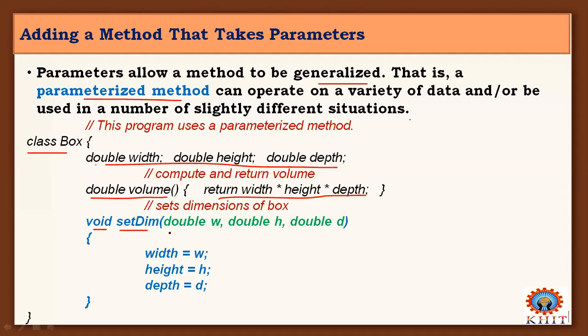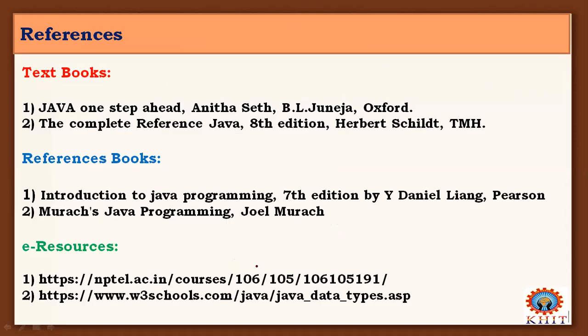It is not a method with 0 parameters, but a method with 3 parameters, and these 3 parameters are required to be passed when we call this method, and these values are assigned to the instance variables like this, right? This is the method to initialize these instance variables of the class, and this setDimensions is a method of parameterized type, right?